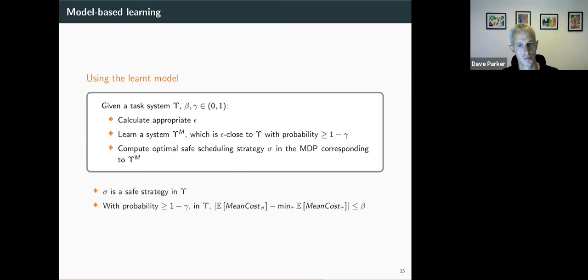As the structure of the learned model is the same as the original one, in the original model also sigma would ensure that no hard task would miss the deadline. Also we get that with high probability in the original task system, the expected mean cost for sigma is beta close to the optimal expected mean cost.